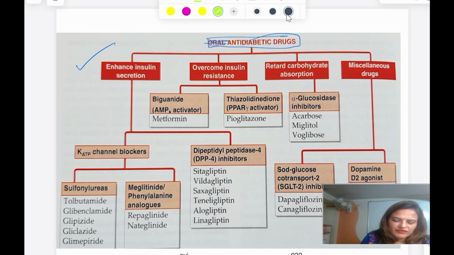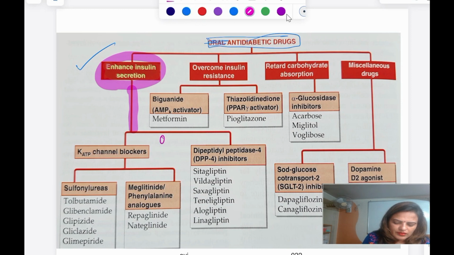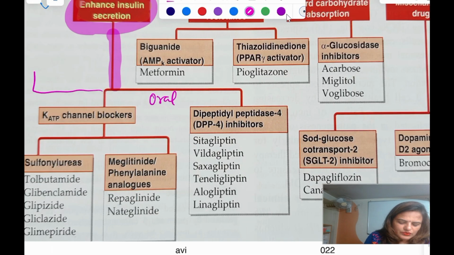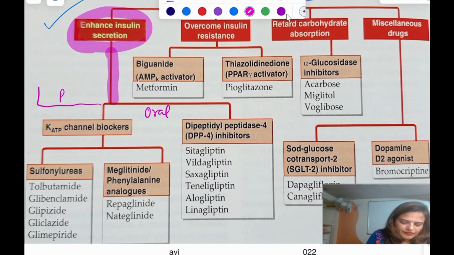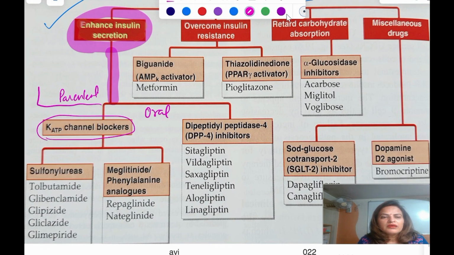So far I have covered the drugs which act by enhancing the insulin secretion, the insulin secretagogues. In that, what do we have? On this side it is oral, and I have covered parenteral also, that is GLP analogs. And in oral, you have the drugs which act by blocking the ATP sensitive potassium channel and DPP-4 inhibitors.